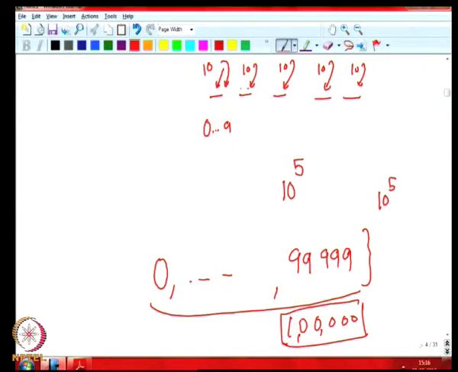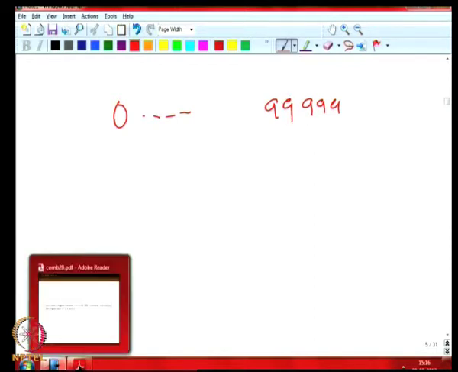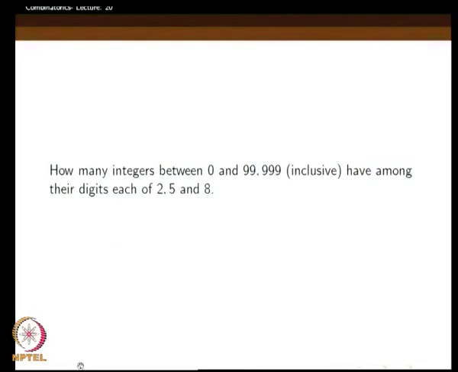Now the question is not how many numbers are there. We want the number of numbers from 0 to 99,999 satisfying the following property, namely we should have 2, 5 and 8 in the numbers, right.